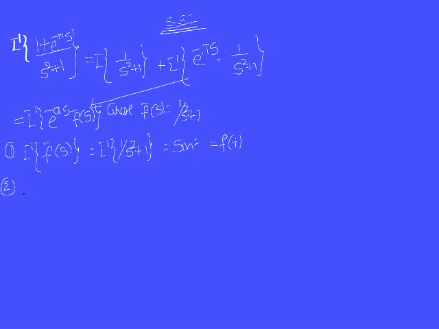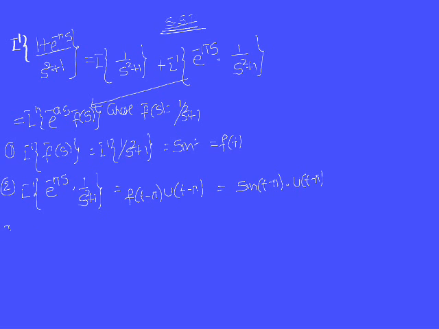Second step: the L inverse of e power minus pi s into 1 by s square plus 1. So the inverse of e power minus pi s gives f of t minus pi into u of t minus pi. So f of t minus pi means sin of t minus pi into u of t minus pi.